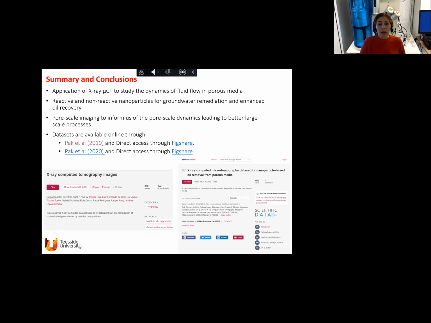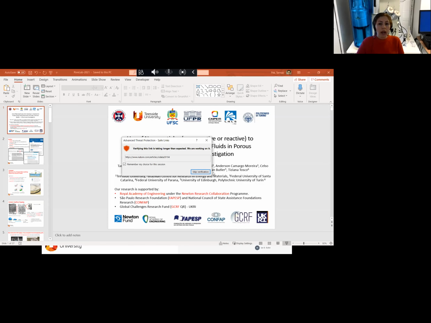So these are all made public, so you can access the data set, you can download the data set and work on the data set, apart from the Diamond, which we haven't yet worked on. But for the two case studies that I presented, both of them are published. You can access directly the data set, and you can download the data and work with it if you wish to do that. So I just wanted to quickly show how you can do that.